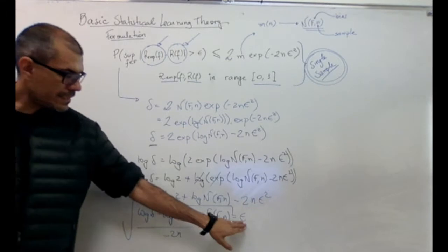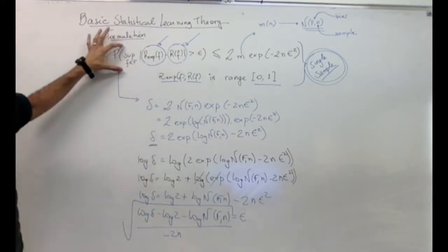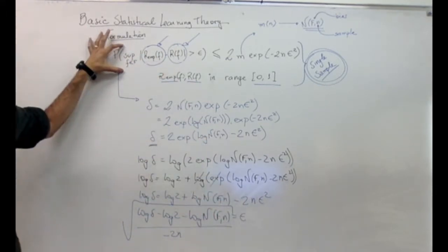Now I can get that epsilon and apply it inside this probability.